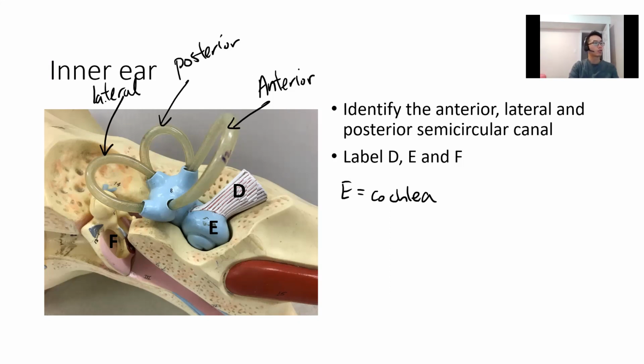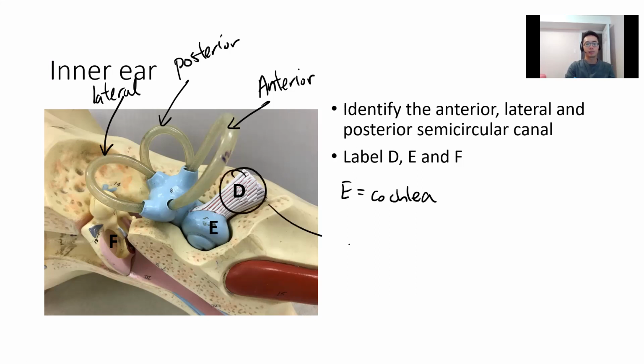Lateral will be stimulated when you shake your head. And posterior will be stimulated when you tilt your head. Same thing for the entire body. If you rotate like this, that would be lateral stimulation. So there's fluid inside that will basically spin with your motion.